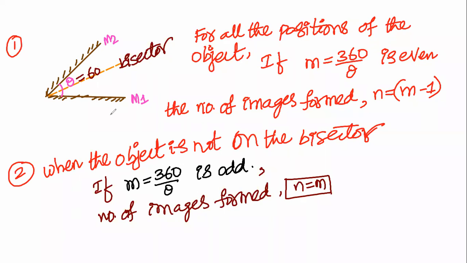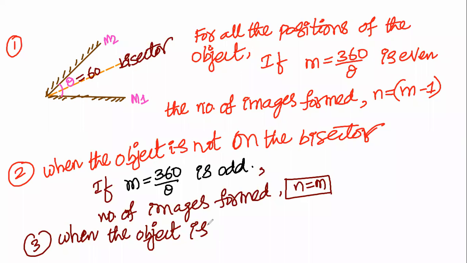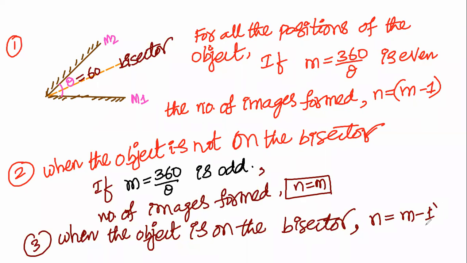Now, when the object is on the bisector, then n is equal to m minus 1.